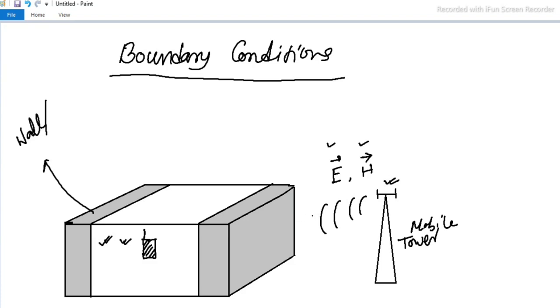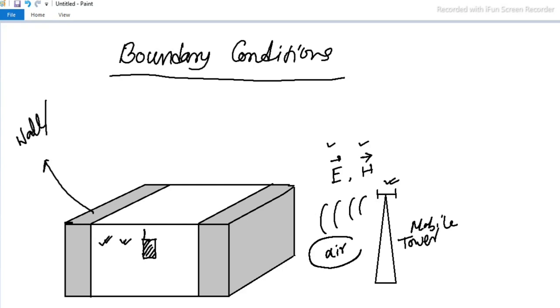Okay. And whenever it comes to the mobile, it is traveling through different media, right? When it is released from the tower, it will first propagate in the air medium, right?